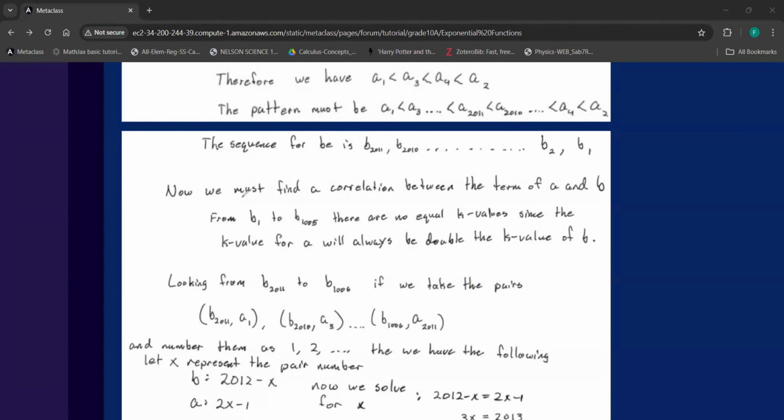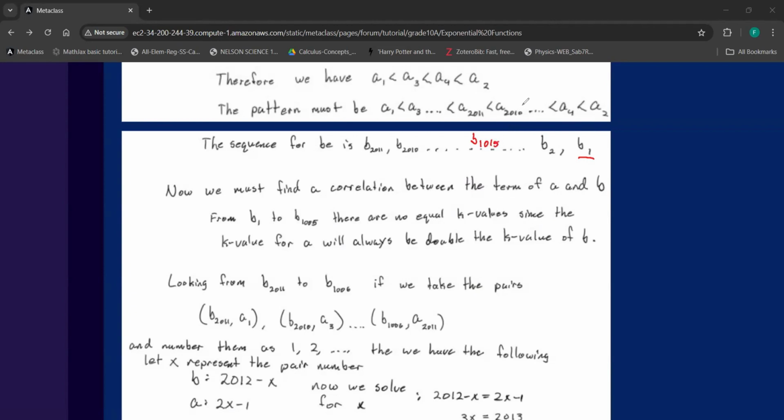So now we must find the correlation between the terms of A and B, the correlation between the term numbers, from B1 to B1015, I believe.